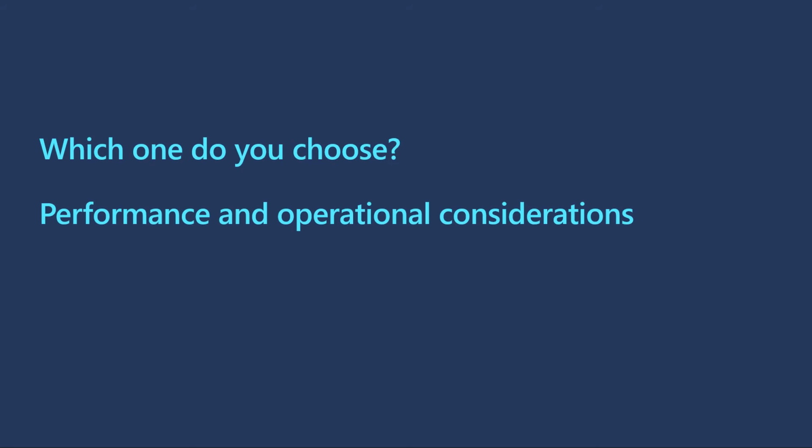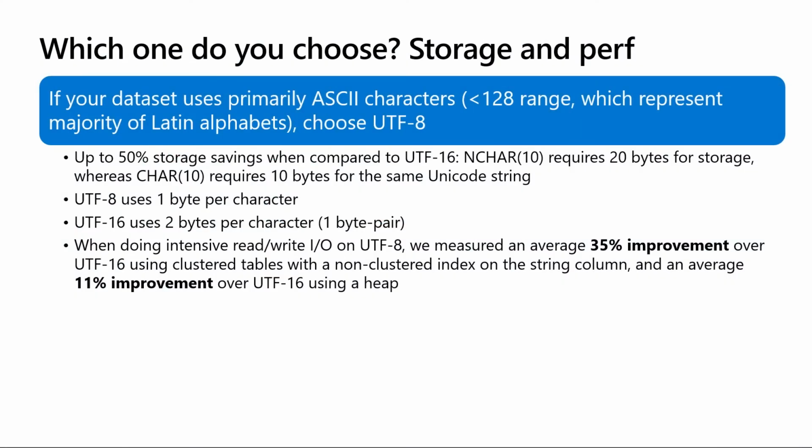Let's look at some performance and operational considerations between choosing UTF-8 or UTF-16 to store our Unicode strings. Let's look at storage and performance. This is according to tests that we've done. If you know that your data set primarily uses ASCII characters, so the majority of Latin alphabets, you'll probably want to choose UTF-8. You'll get 50% storage savings, we've seen that. An nchar 10 will require 20 bytes of storage, whereas a char 10 requires only 10 bytes for the same Unicode string.